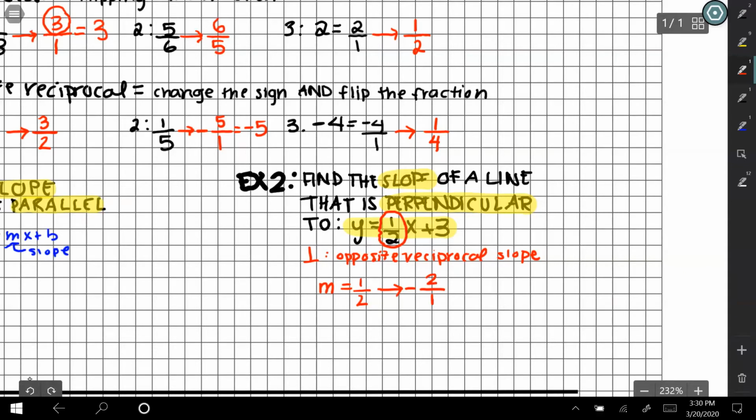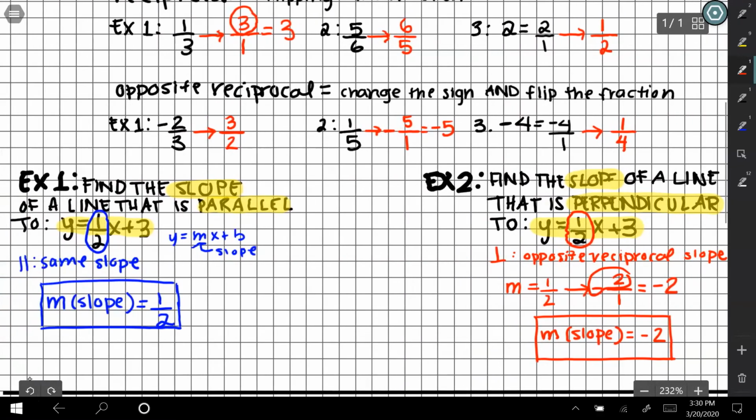So I have negative 2 over 1, which I can take just the top part of that, negative 2. So my m, or my slope, is negative 2. So whenever we have a problem like this, we always want to start by finding our slope.